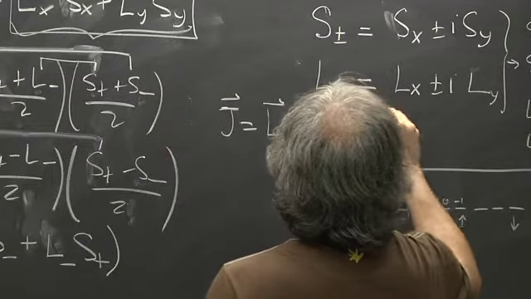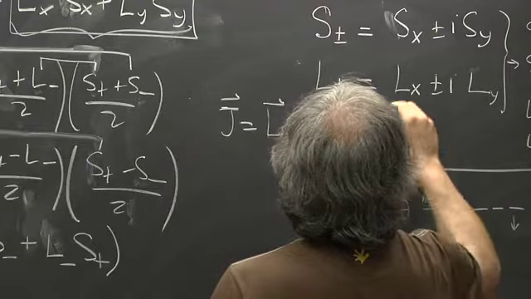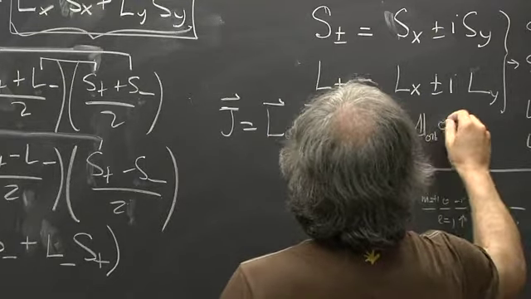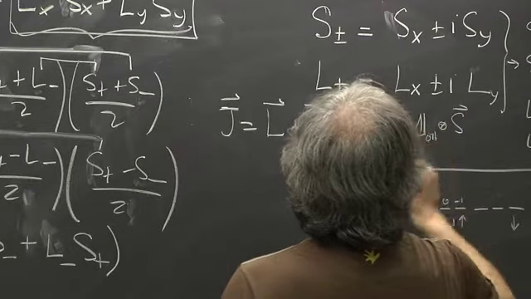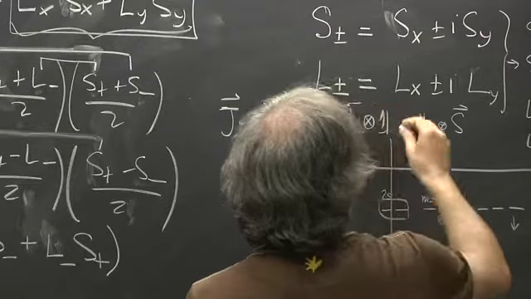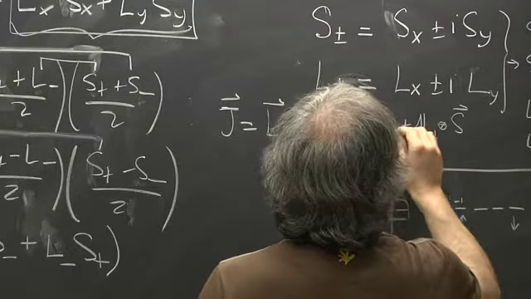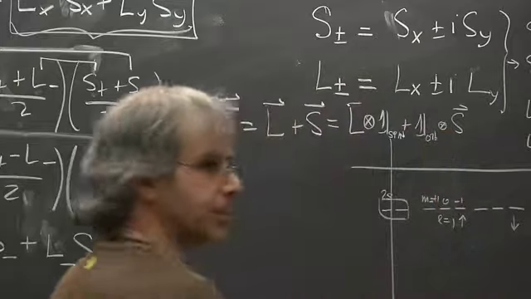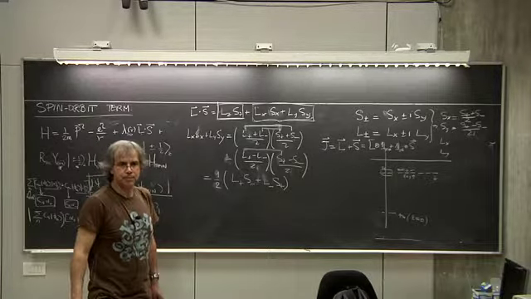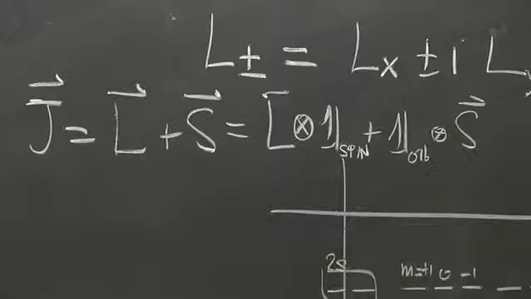This is L times identity in spin space, and this is identity in orbital space times S, okay? So you can sum apples and potatoes with this technique of mathematicians of putting in the unity. That's what they mean, exactly. They are, however, a reasonable operator, which acts on the orbit and on the spin in a separate way, summed.